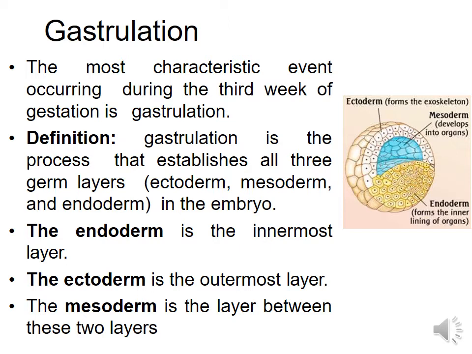It's defined as the process that establishes all 3 germ layers in the embryo. The innermost layer is the endoderm, the outermost layer is the ectoderm, and in between lies the mesoderm.